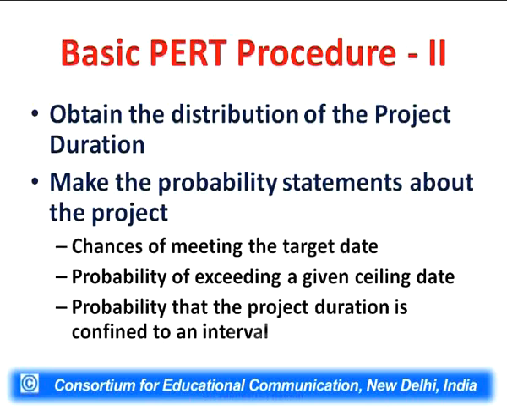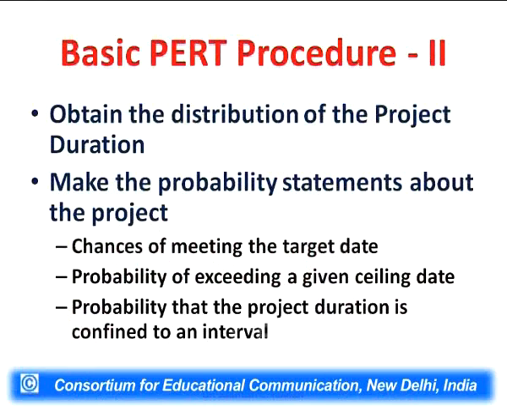First, if somebody asks you the chances of meeting the target date, we can answer looking at the mean value. One important thing to note is that the chances of meeting the target date can be calculated as a probability figure. We know the date by which our network tells us it will be complete. We know the target date given by the senior management.